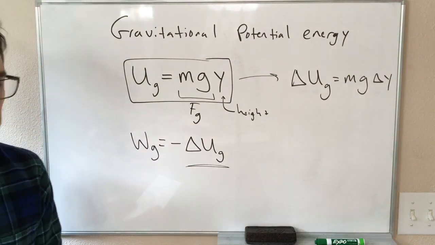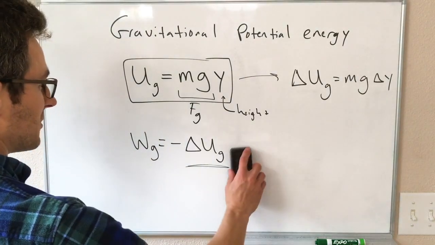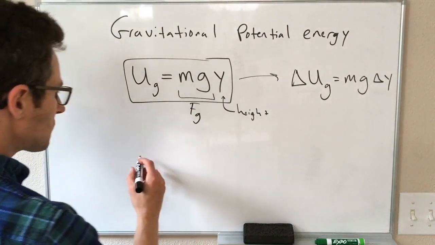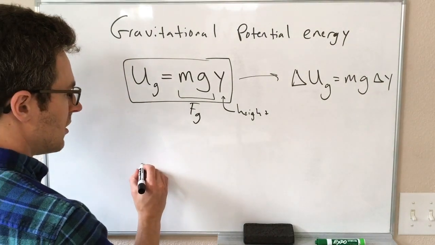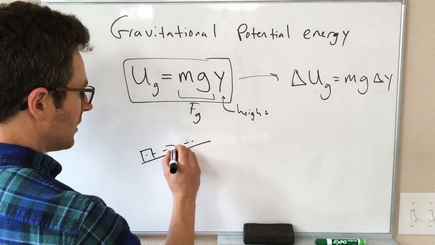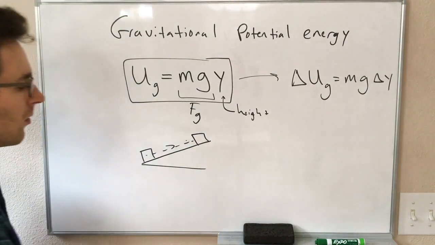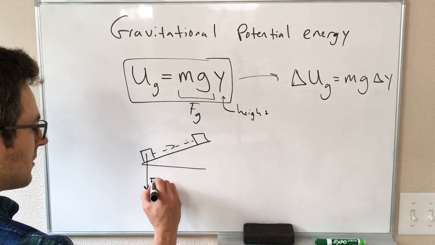Okay, the actual last thing I wanted to say about gravitational potential energy is the following little example. We won't use any numbers here, we'll just keep this conceptual. So if I have a ramp and I have a block that is going up the ramp to some higher position, we know that the force of gravity is like this.